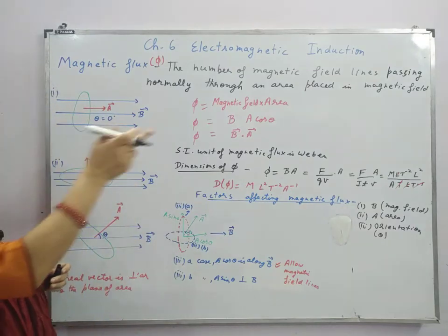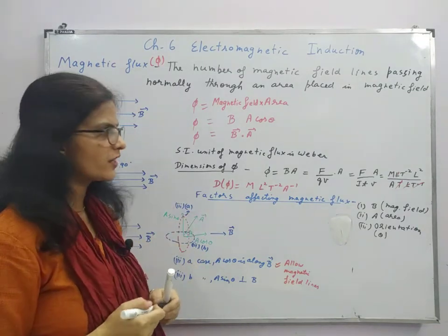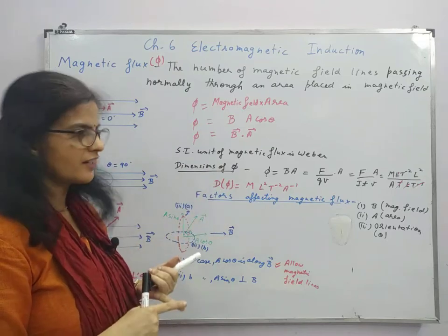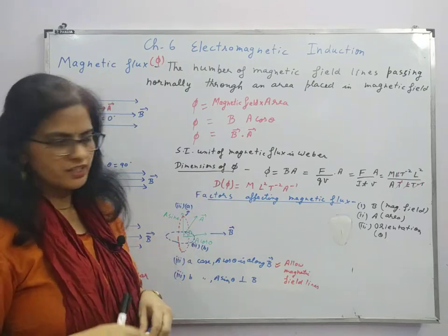So if we change any of these, flux can be changed. Flux can be changed by changing either magnetic field or area or the orientation of the coil.